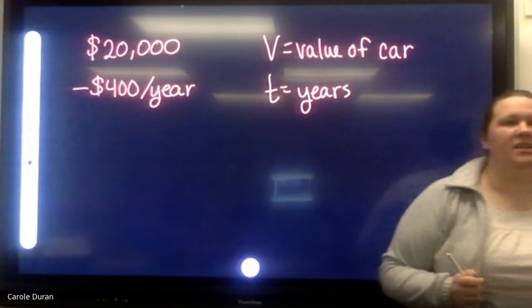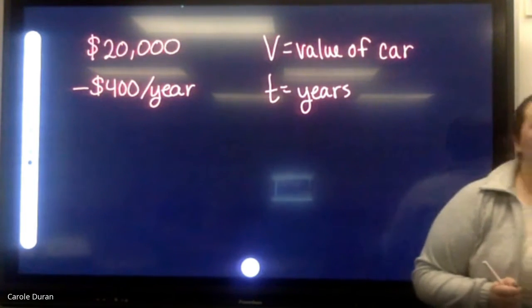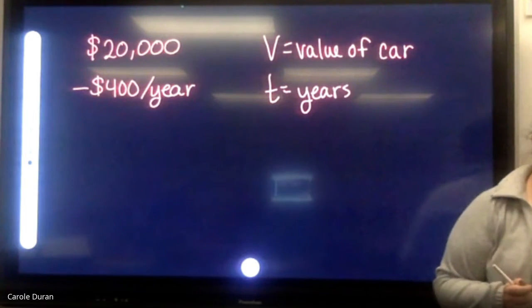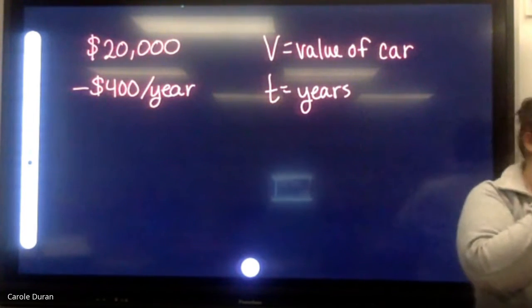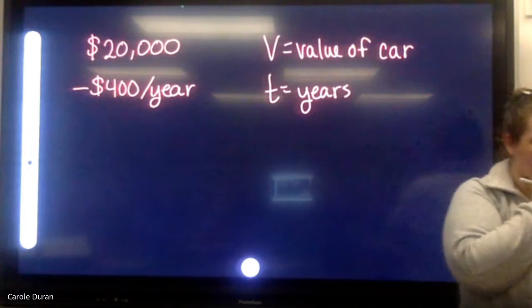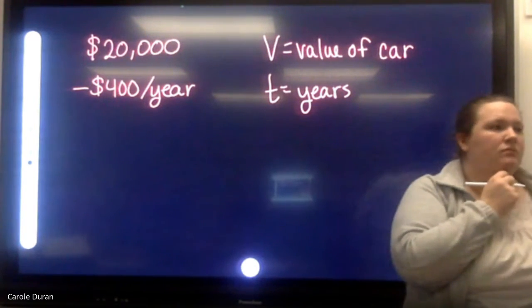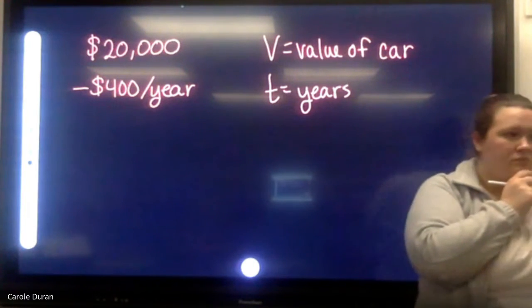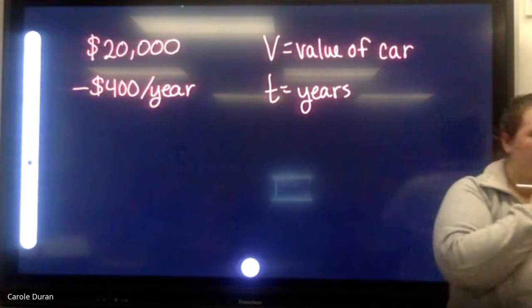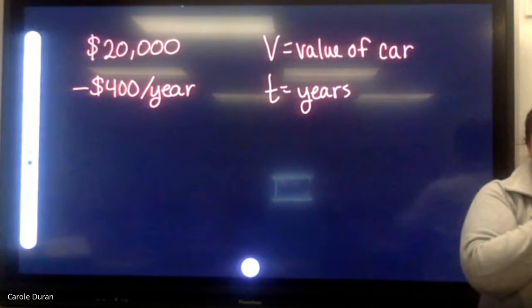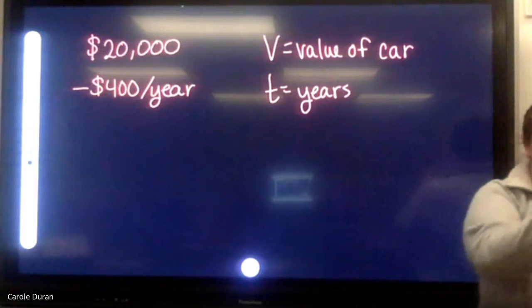Somebody feel very confident in your answer and raise your hand. Ebony, write it out in equation form, just tell me how you would do it. Alright, it has been a while. Anybody else feel really confident in an answer?